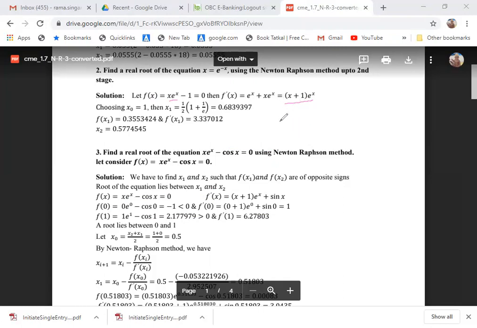Now we need to use our iteration formula, that is x_{n+1} equals x_n minus f(x_n) by f dash of x_n. Let us take x instead of x_n, then it is x minus f(x) by f dash of x.